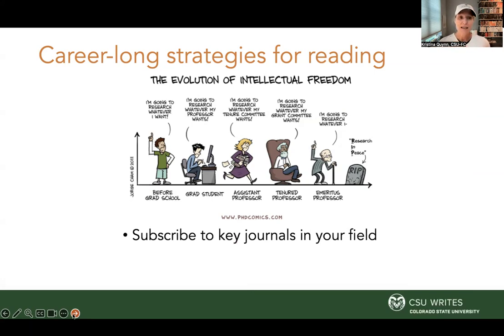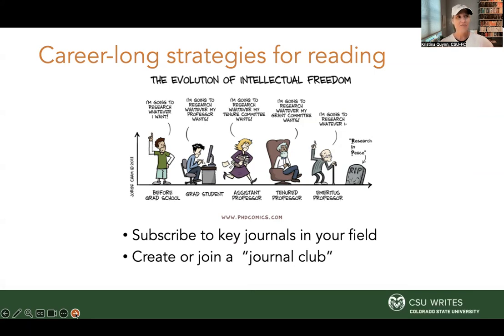But some helpful hints: subscribe to those key journals. Many of you are already getting key documents sent to you. But if you're not reading widely in your field, see what journals you can subscribe to, where you can get the most recent findings.